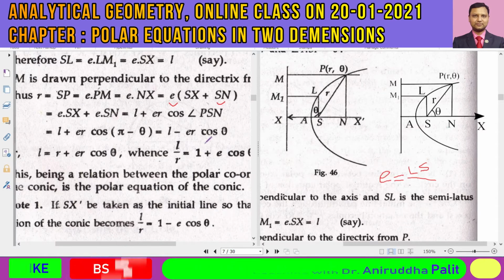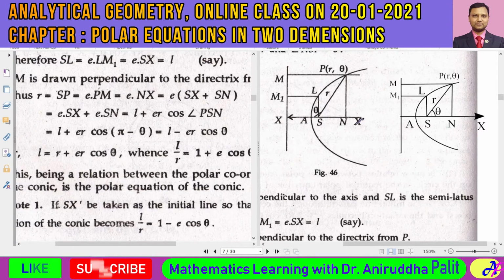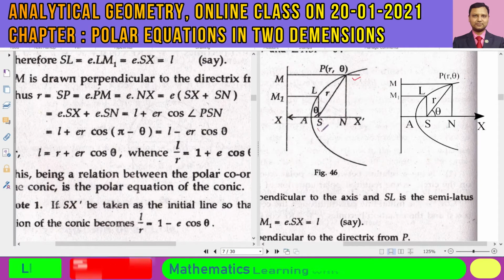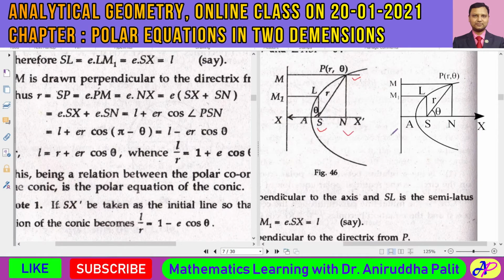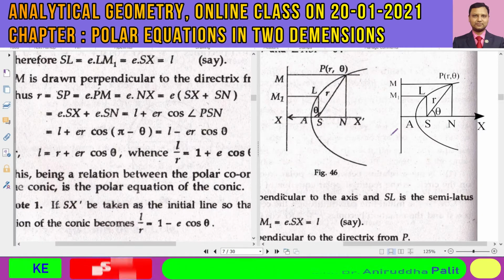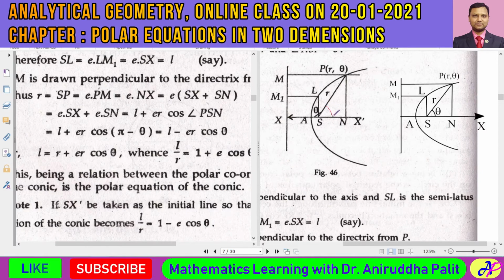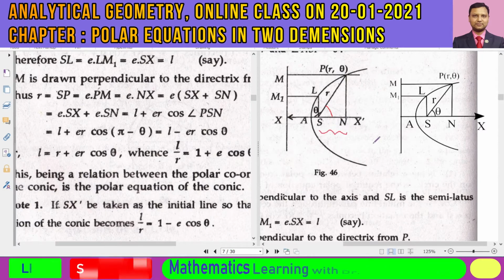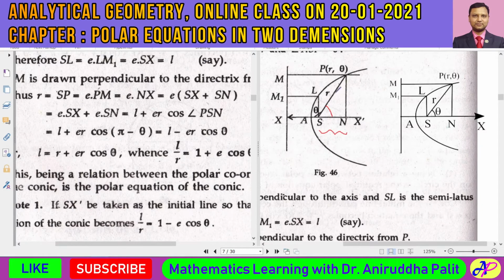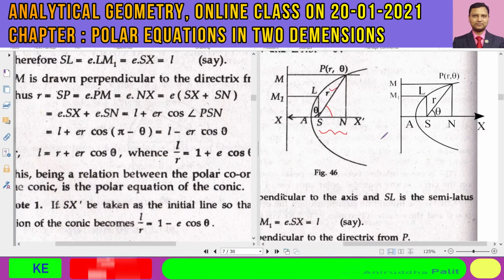And what is Sn? You see over here, if you consider this triangle PSN, with respect to this angle, this distance is actually the base. R is the hypotenuse.